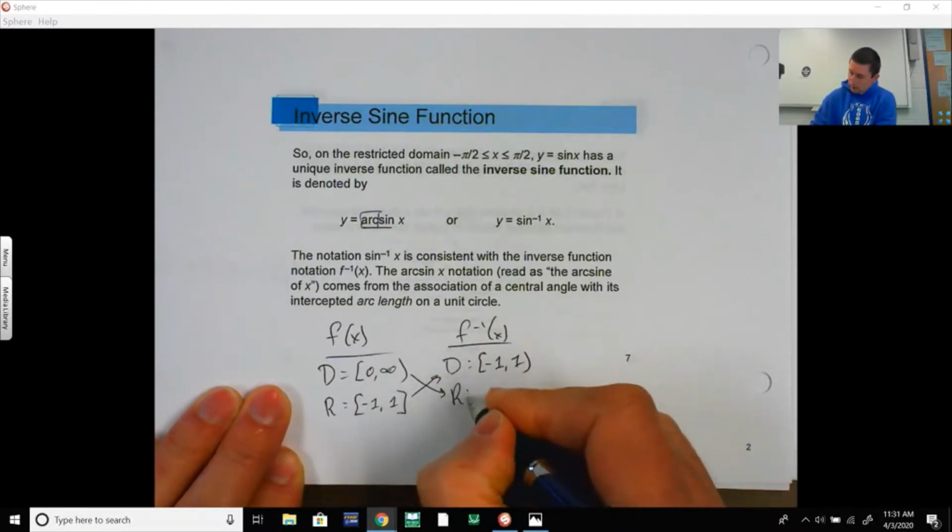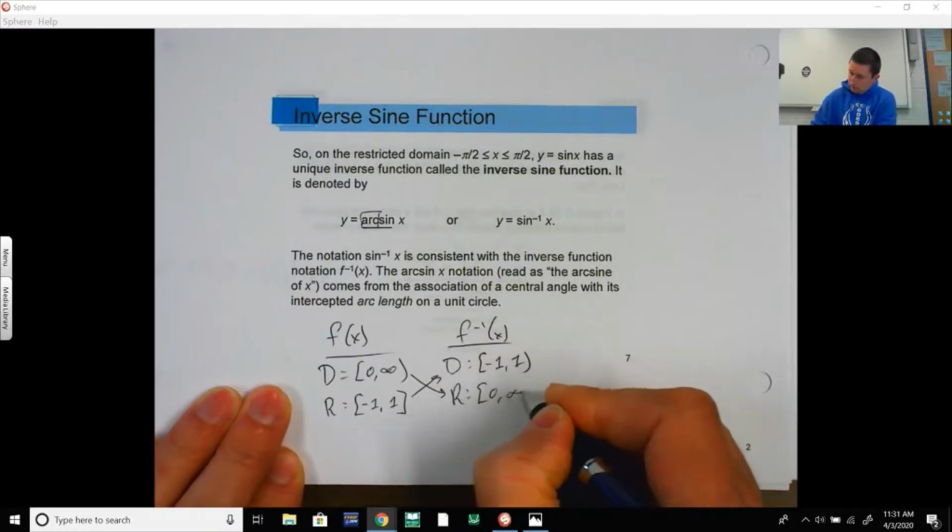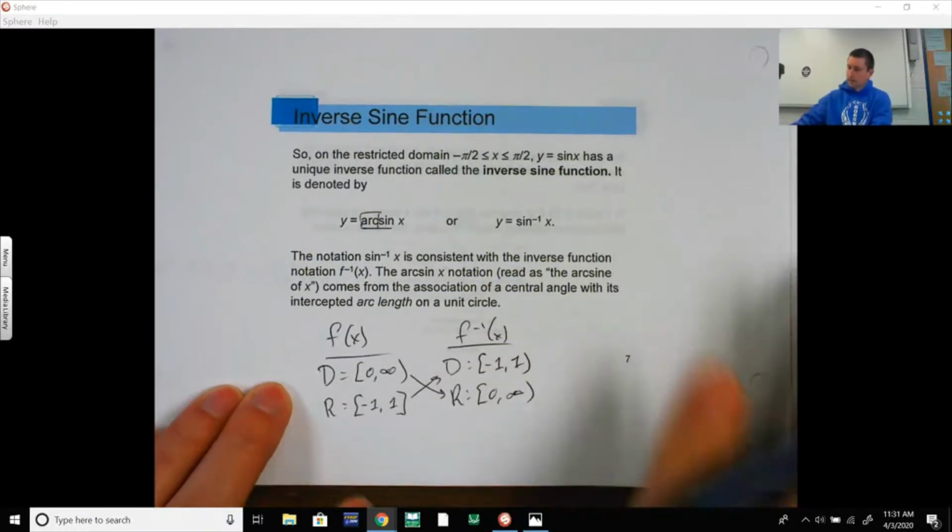And the range of the inverse comes from the domain of the function. Okay, that's going to come into play as well.